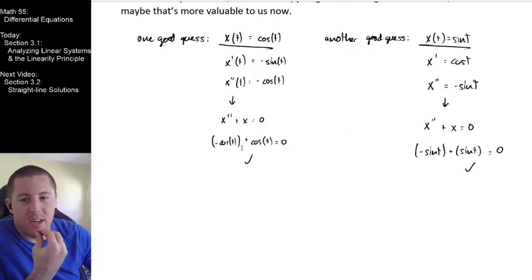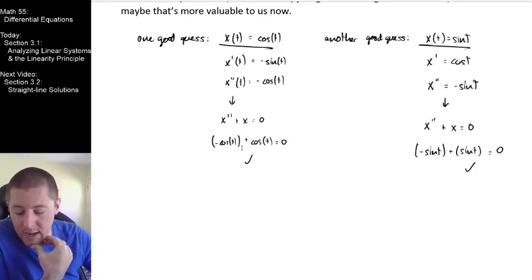Now, can you just add or subtract or take constant multiples of sine to get cosine? No. So it seems to me like cosine and sine are going to be linearly independent of one another.